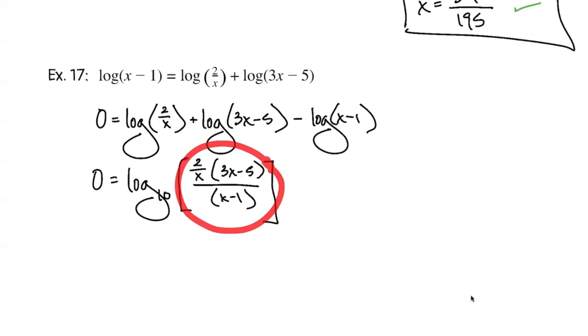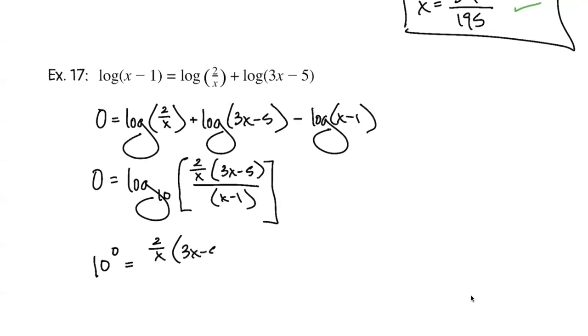There's a fraction inside another fraction. Embrace the discomfort. It's going to be okay. So if we write this in exponential form, we'll get 10 to the power of 0 equals 2 over x times 3x minus 5 over x minus 1.